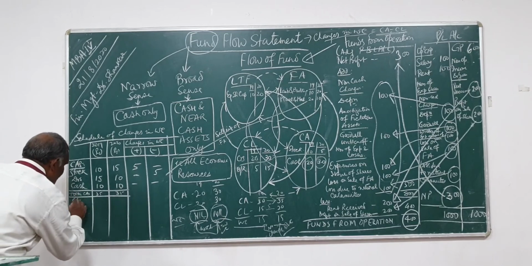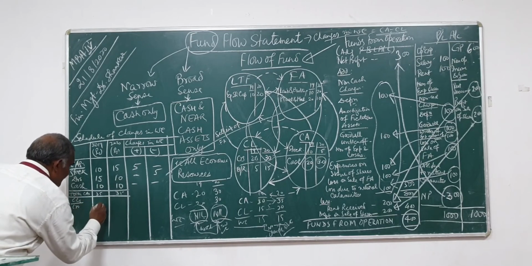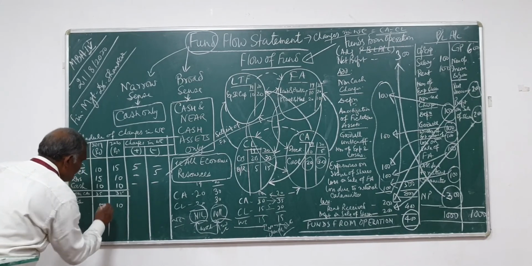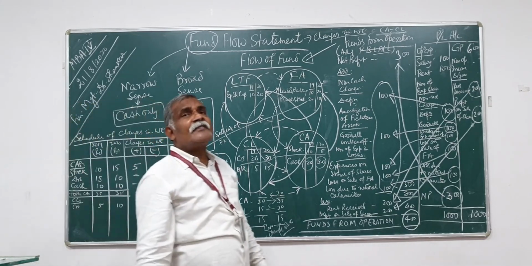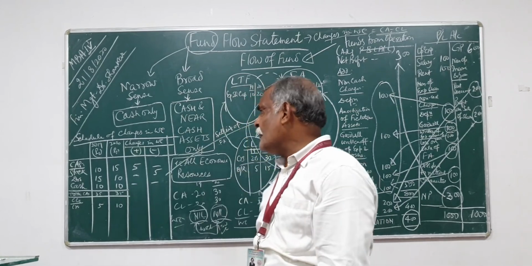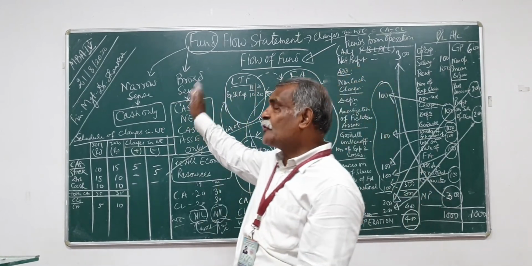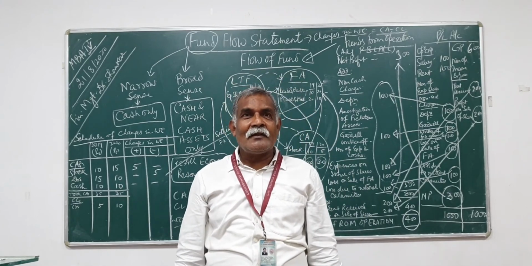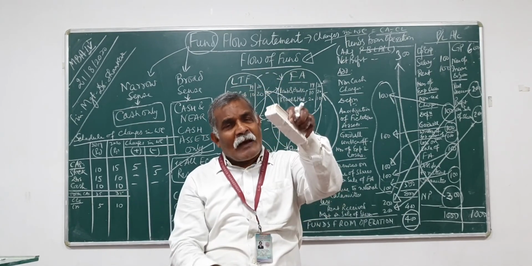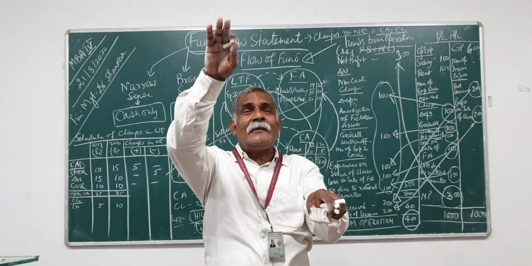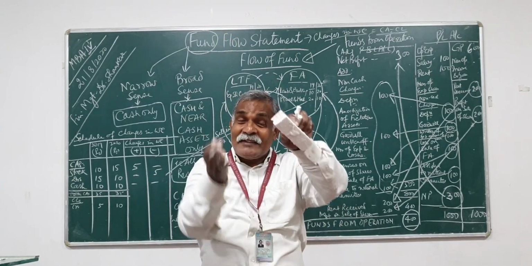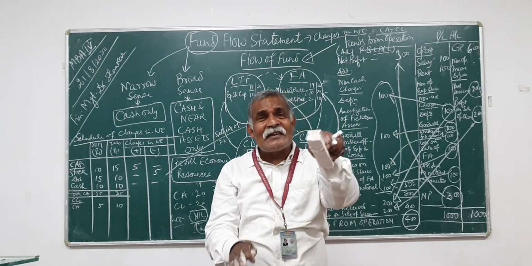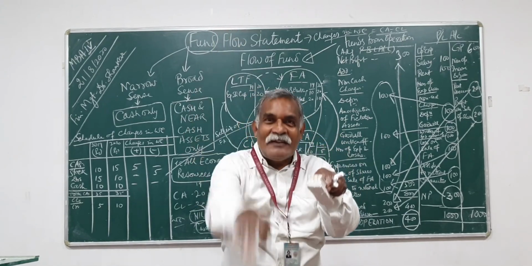Now current liabilities. Current liabilities, creditors 5, 10. Current liabilities is increasing from 5 to 10. Now forget about current assets. Now current liabilities is changing. If the current liabilities is increasing, here is inverse relationship. If the current liability is increasing, working capital will decrease.